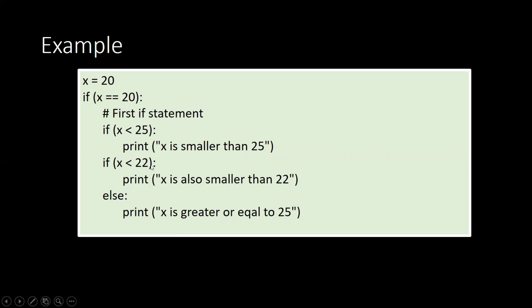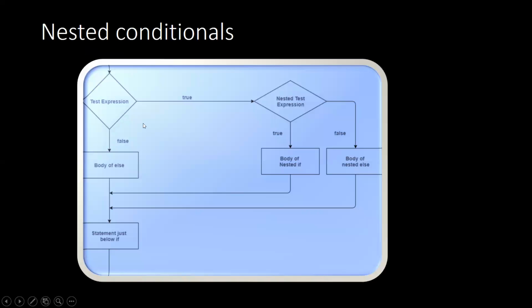If this condition is true, then this statement will be executed. If both conditions are untrue, then this will be executed. And if the first statement is true, then the control will be transferred into the nested block.